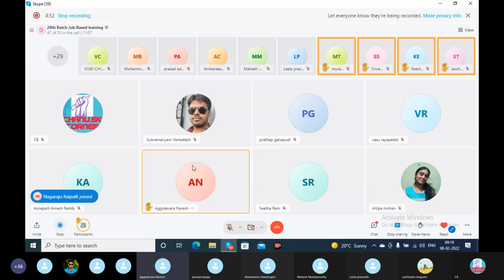Then implementation means first using the ASAP methodology. ASAP means Accelerated SAP methodology.